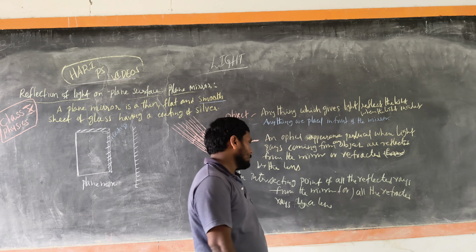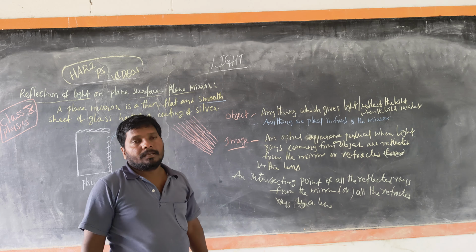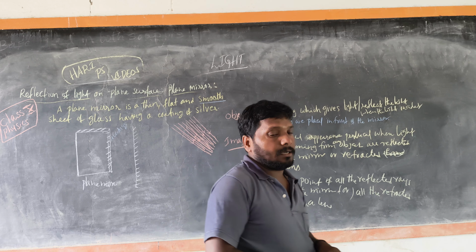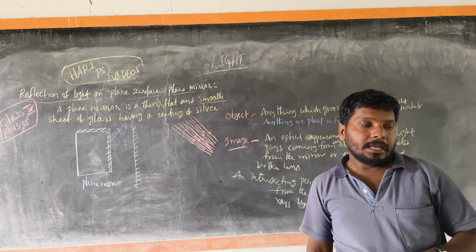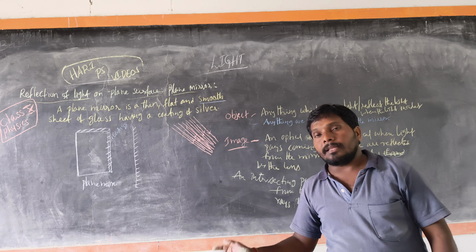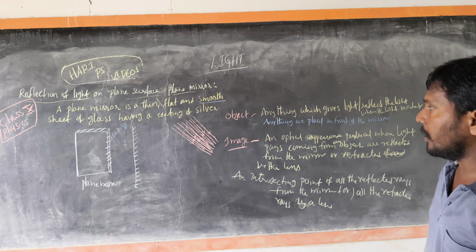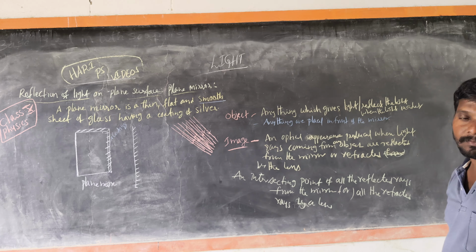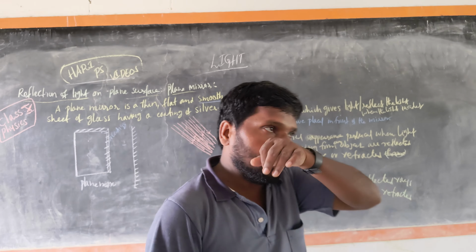The intersecting point of all the reflected rays or the refracted rays is called the image of an object.